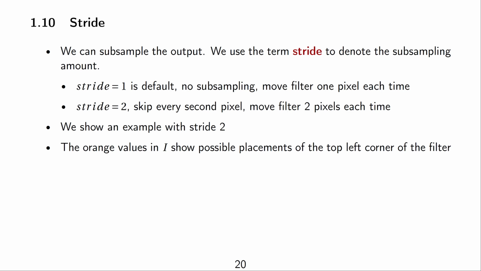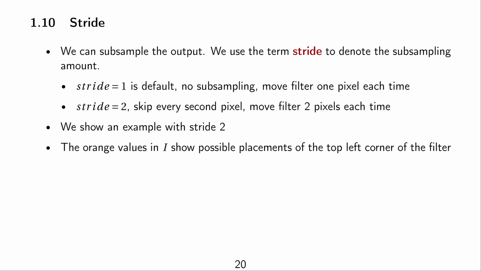So we use the term stride to denote the subsampling amount. If stride is 1, that is the default, no subsampling occurs, and you move the filter 1 pixel each time. If stride is 2, then you skip every second pixel and move the filter 2 pixels each time.